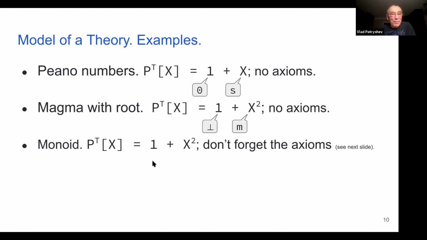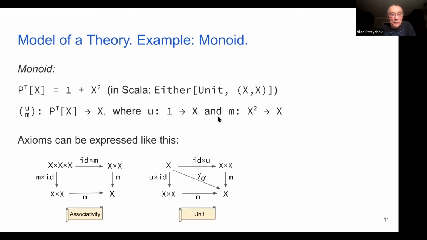And monoid is like magma with root, but it also needs axioms. I'll show you how we do it specifically for monoids. A monoid is again 1 plus x squared. That's the type, the functor. It can be modeled in Scala as either of unit and Cartesian product of x and x.